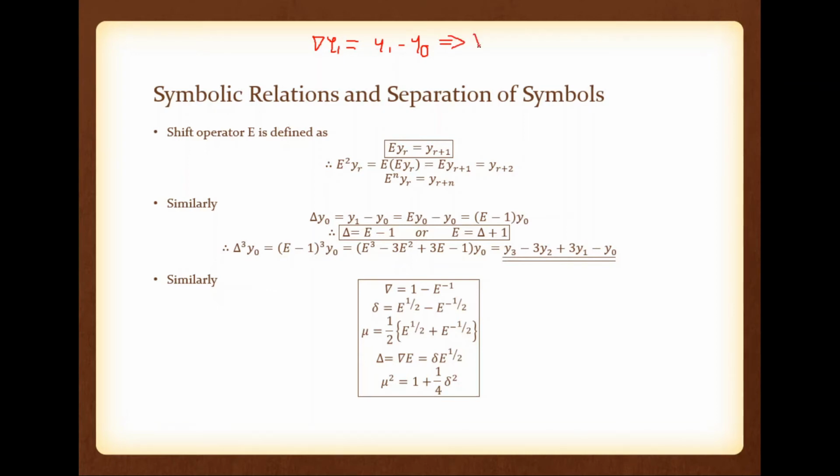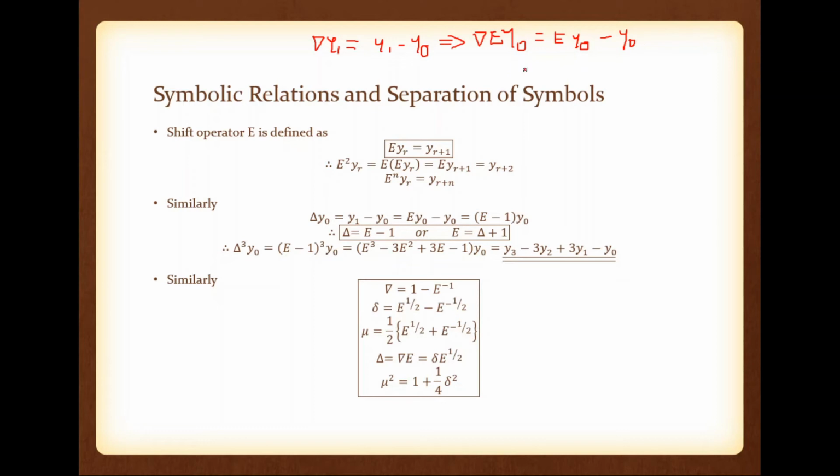So we can write del E y0. Why? Because this y1 is the next data of y0. So del E y0 is equal to E y0 minus y0. So y0 is a common term, so we can remove that.